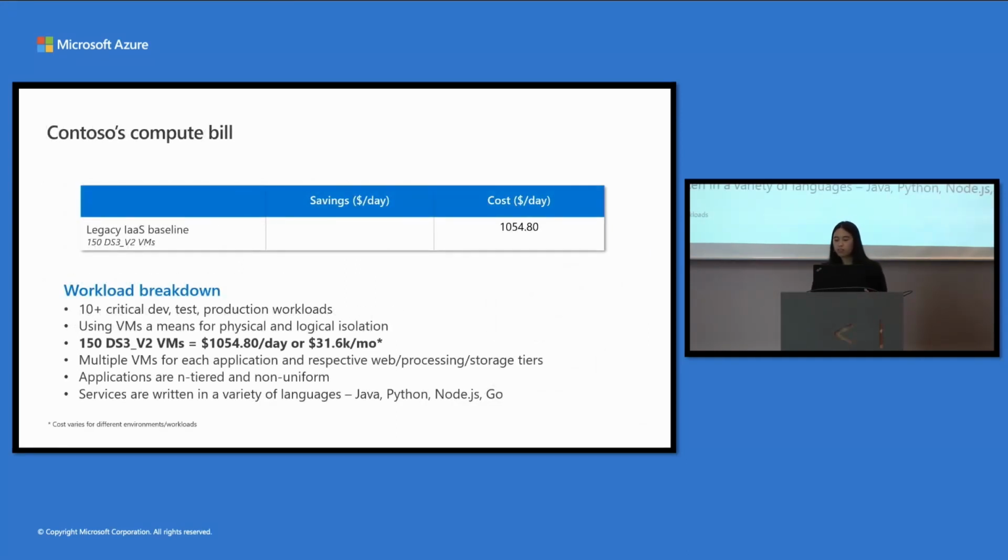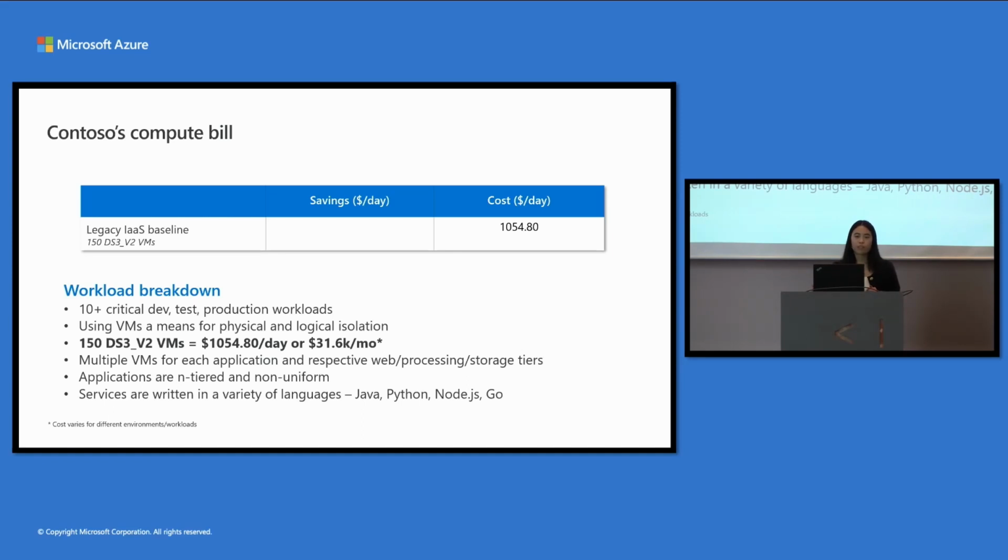So when we look at Contoso's workloads, we notice the following. They have over 10 critical dev, test, production workloads. They're using VMs currently in IaaS as a means for physical and logical isolation, and they've provisioned about 150 DS3 V2 VMs, which is costing them over $1,000 per day in this IaaS configuration.